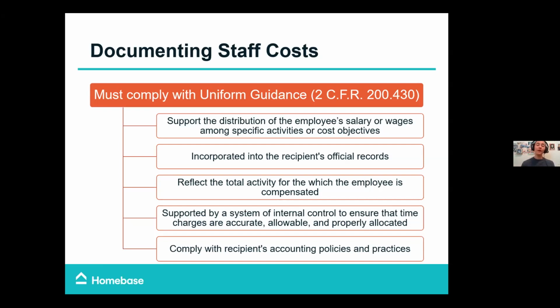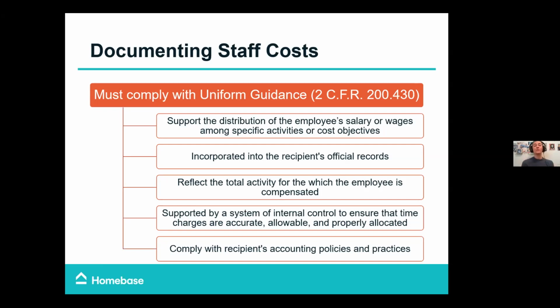The particular time tracked for a particular staff person has to include the total time for which the employee is compensated. So your method for documenting staff time has to include not just the time spent on a CoC grant. It has to include the time spent on other activities, on internal activities, even on vacation, which is compensated, or sick time, which is compensated by the organization.